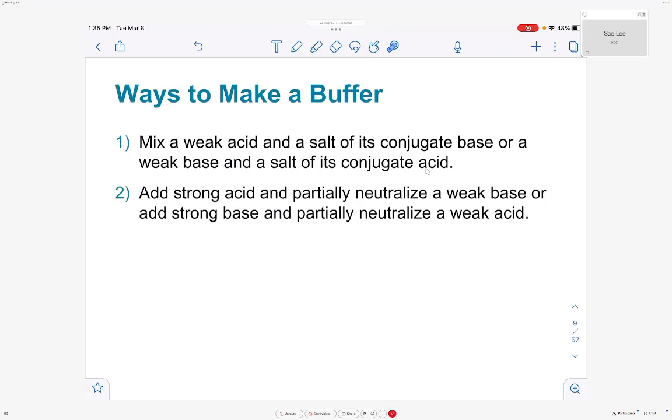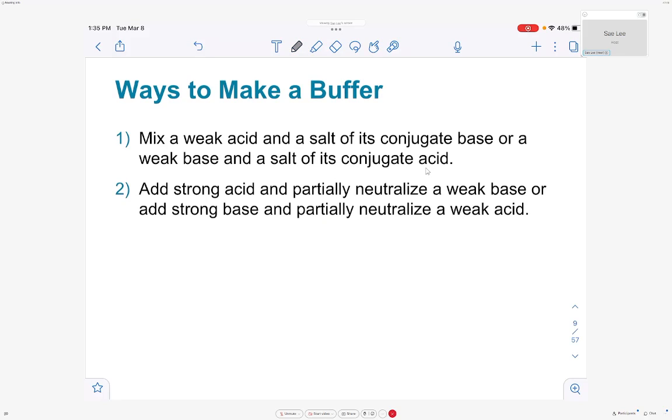So in order to make a buffer, number one, you can mix a weak acid and a salt of its conjugate base, or you can mix a weak base and a salt of its conjugate acid. The example for number one is mixing acetic acid and acetate.